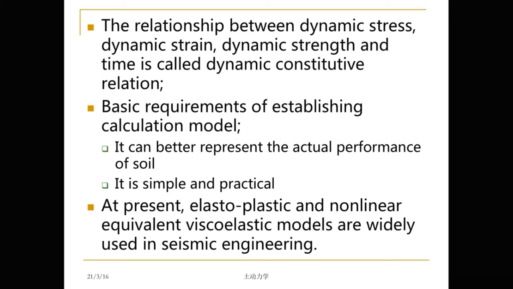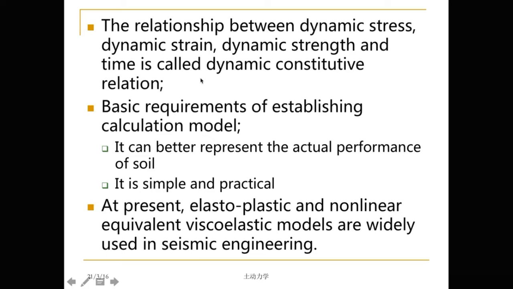Then the relationship between dynamic stress, dynamic strain, dynamic strength, and time is called the dynamic constitutive relationship. That means here we can observe that this constitutive relationship is not similar to steady soil mechanics. In steady soil mechanics, it only includes the relationship between the strain, stress, and strength.